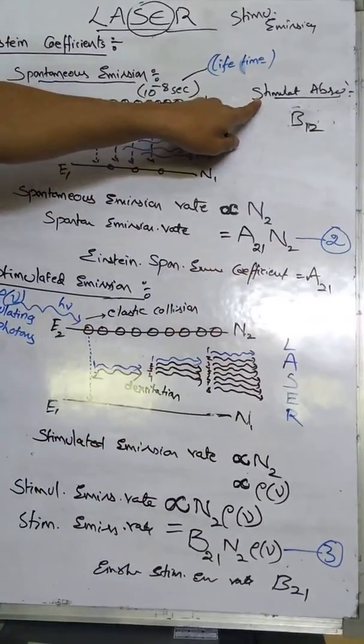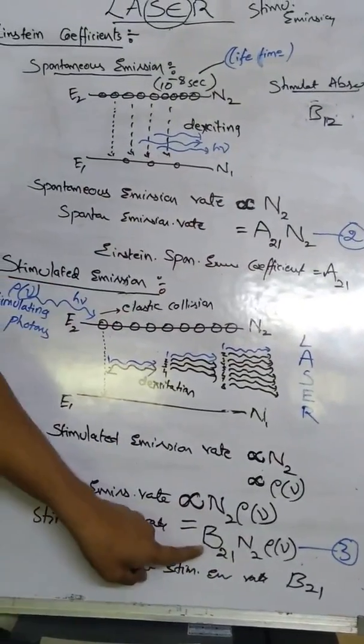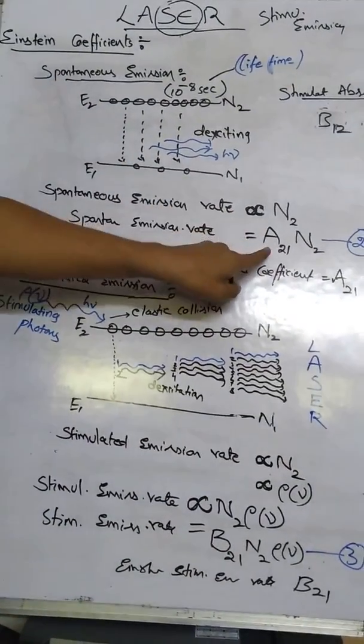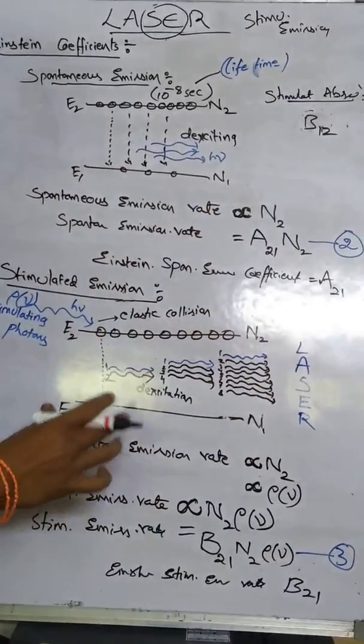So for stimulated, I have used the letter B, and for spontaneous, I am using the letter A. That is the clarification you have to keep in mind.